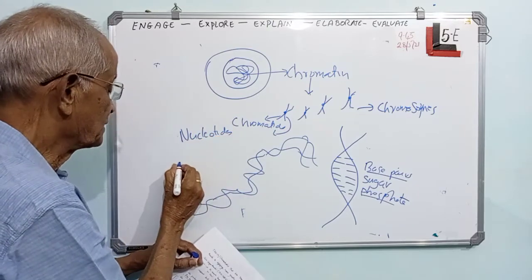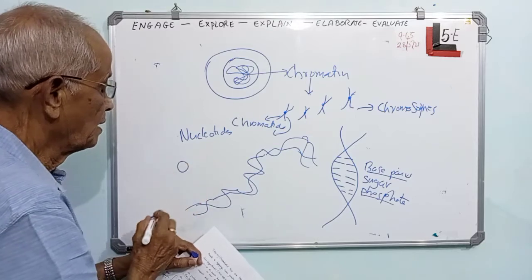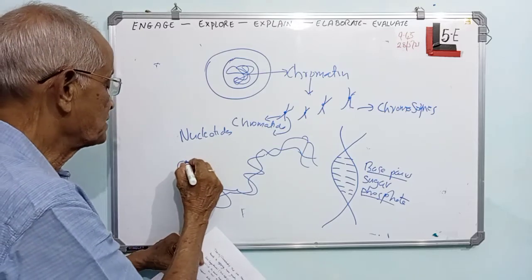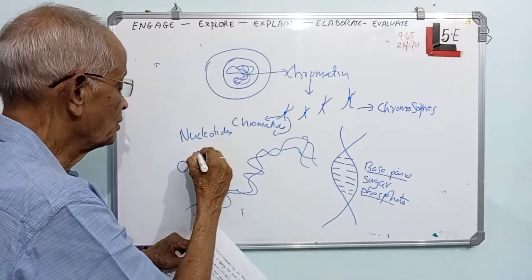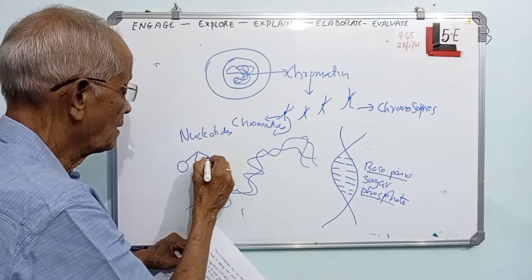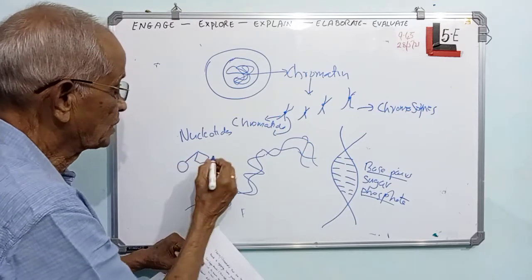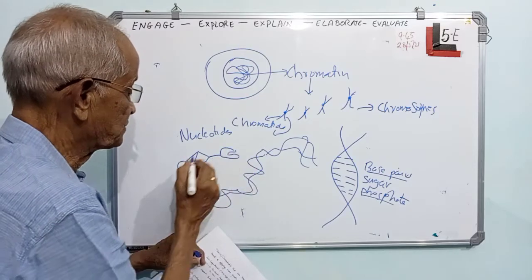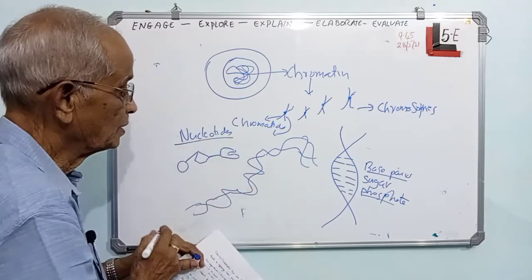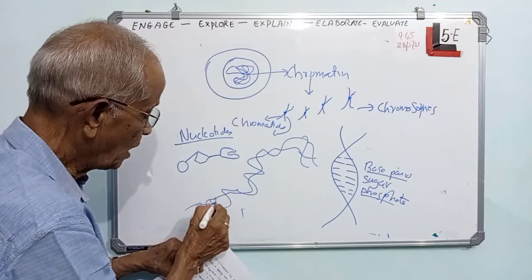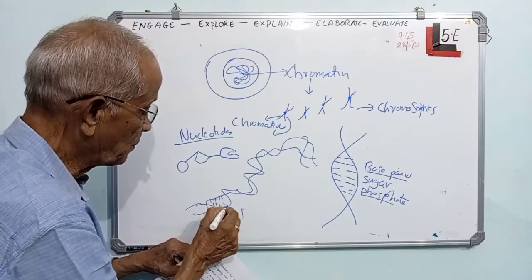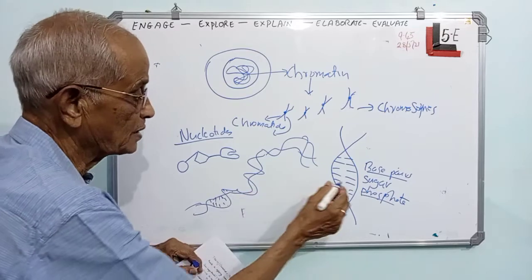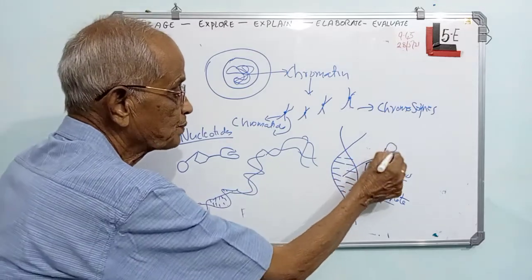That is, if I write like this may be a phosphate. To this, you will have a pentose sugar. To this will be connected a nitrogenous base. This is a nucleotide. So like that, you will have large number of nucleotides pairing each other, and that is called the base pairs.